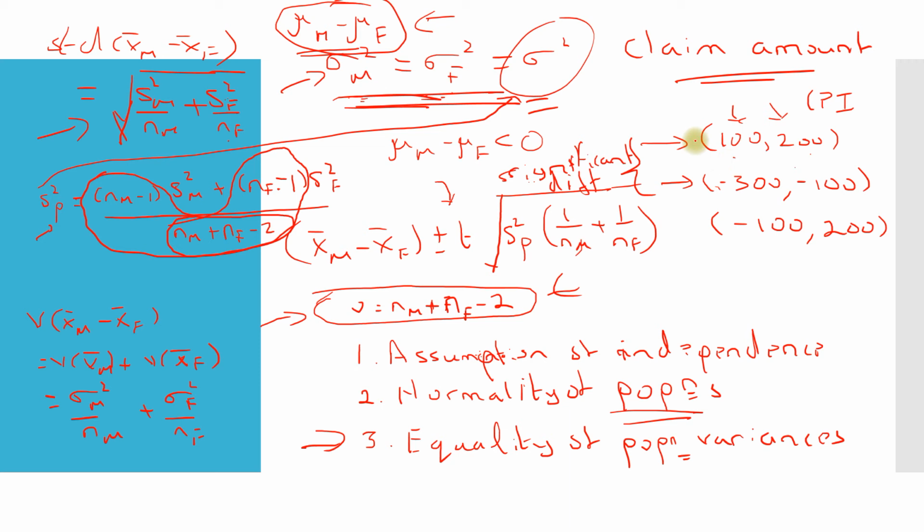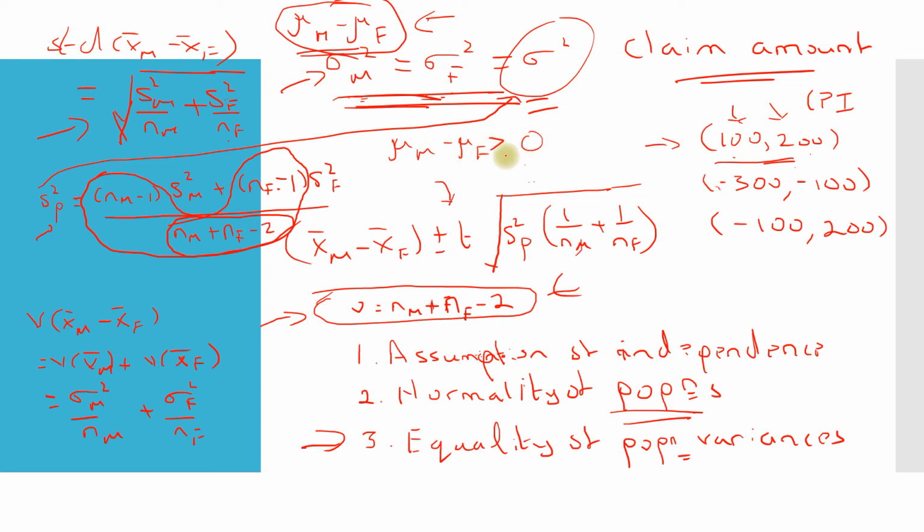So your first conclusion would be that there is a significant difference in the average claim amount of male and female. And then you can go a little bit further by saying the difference is in terms of what? Like here, if we get something like that, the first thing that you would say is there is a significant difference in the average claim amount of male and female. And then you would say, because it is positive, it means that mu m minus mu f is greater than 0.